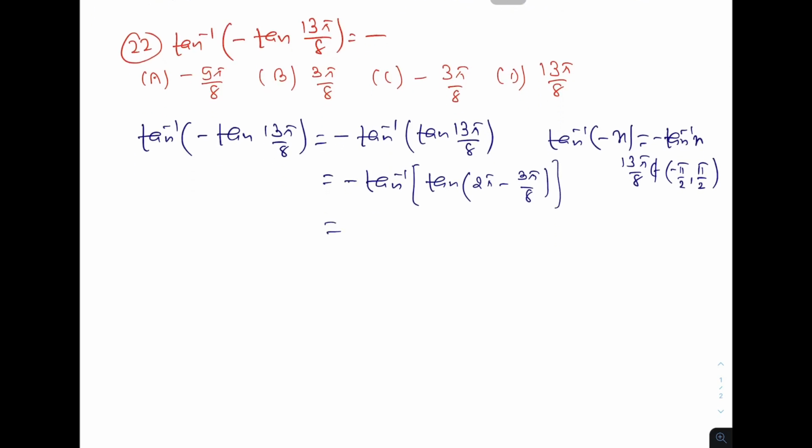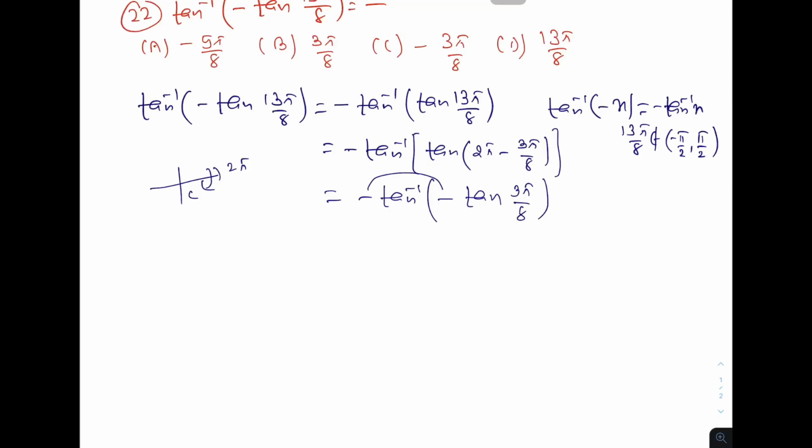And tan of 2 pi minus, that is in the fourth quadrant, and tan is negative. So minus tan inverse of minus tan of 3 pi by 8, and again we use the formula.